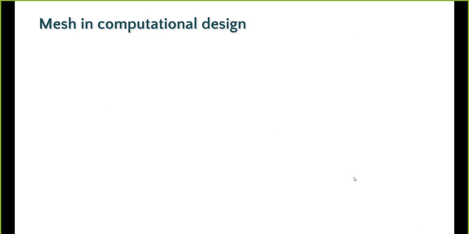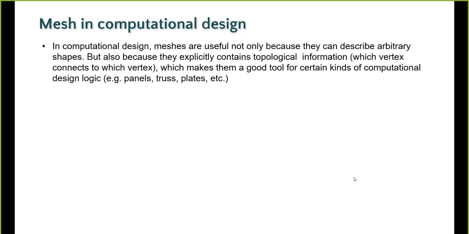So let's talk about meshes in computational design. Like I was just saying, meshes are used in computational design because they can be used to describe any sort of complex geometries, but they also store other information about that geometry.